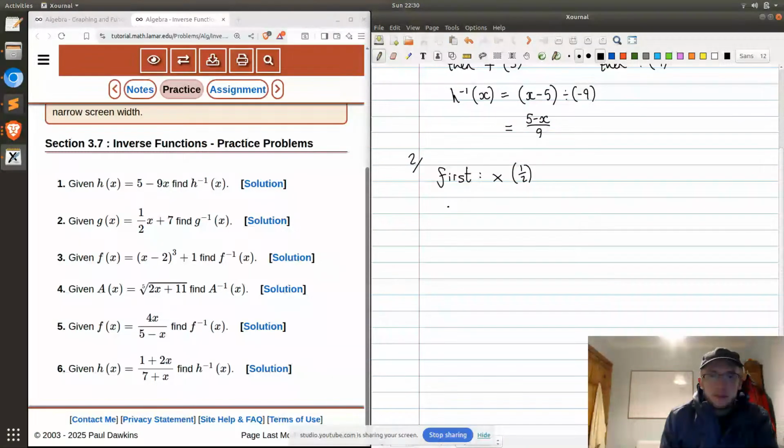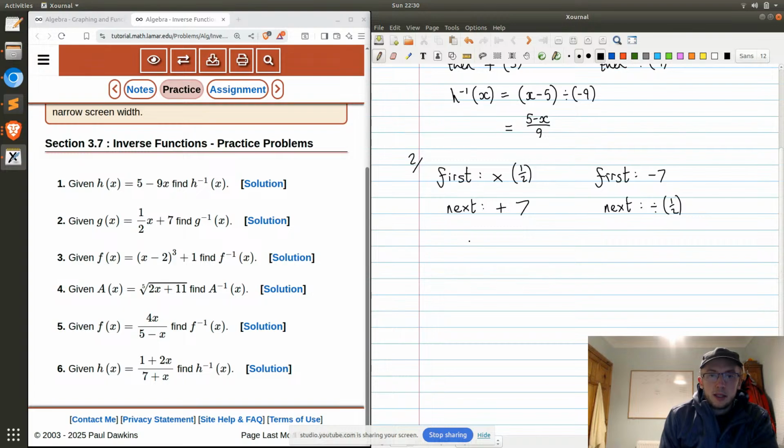Next, I have added 7. So what is the exact opposite and reverse of those steps? First, subtract 7. And second, divide by 1/2.